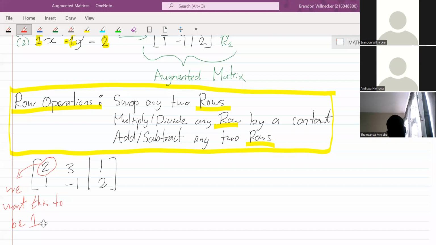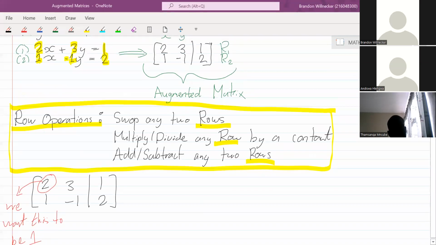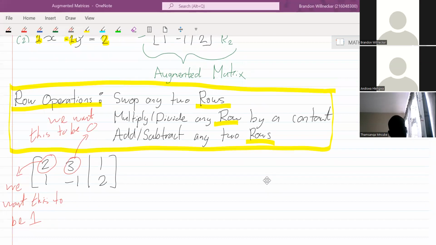Because that means x has a coefficient of 1. And we also want this next one to be a 0. Because that means in our first equation, we have x and we have no y, plus 0y, and equals something.